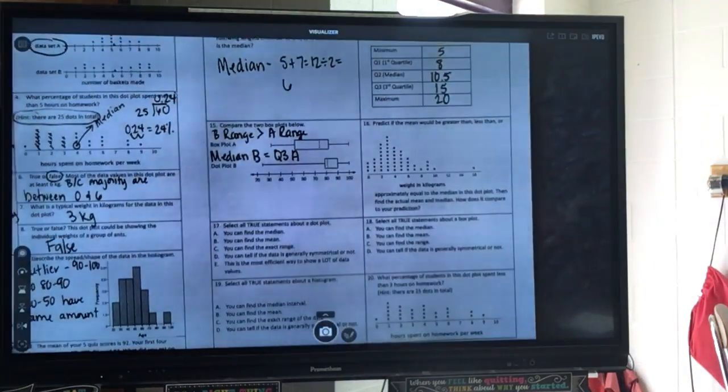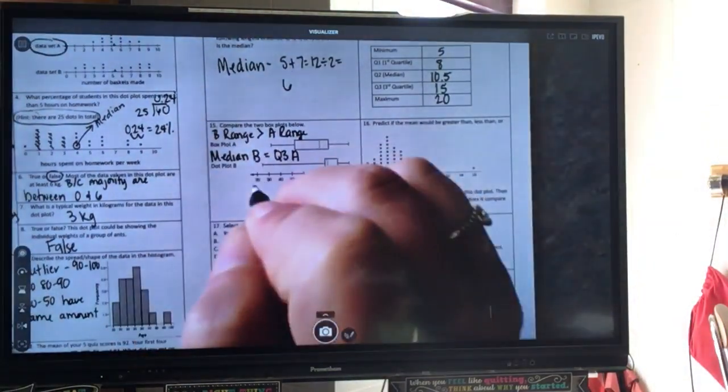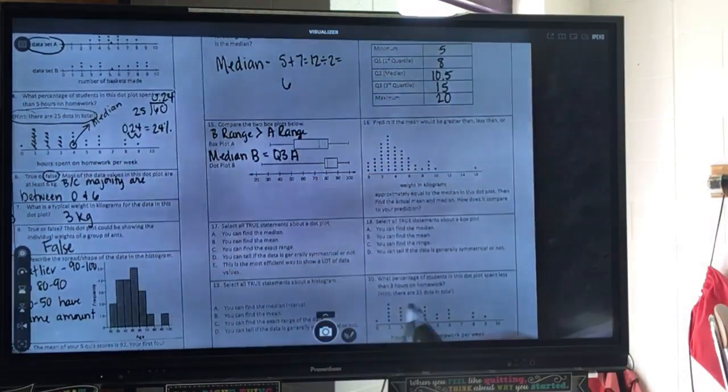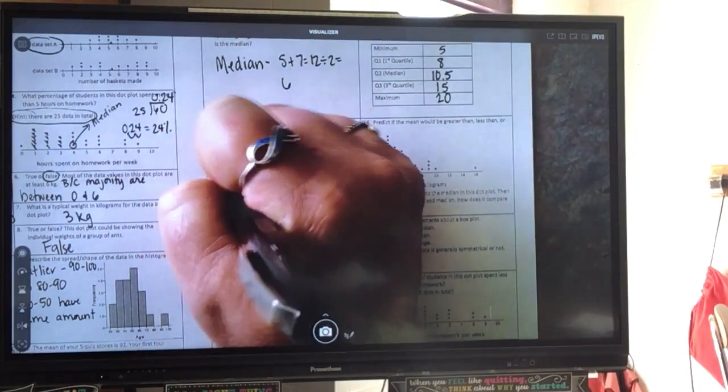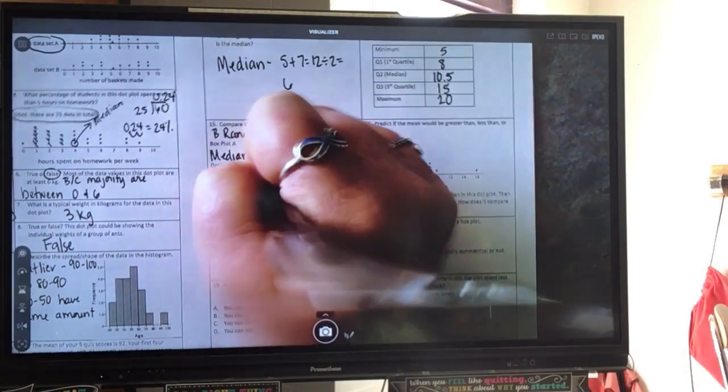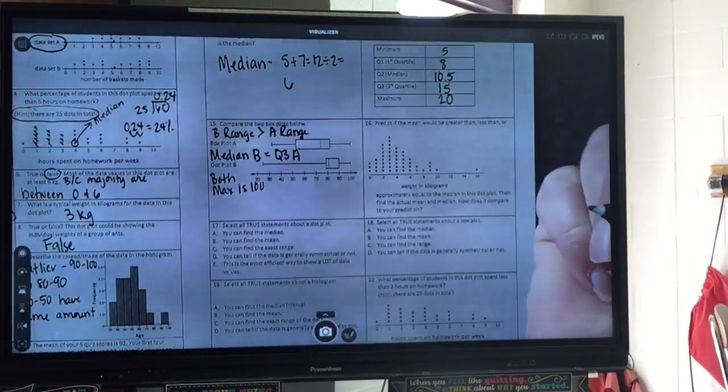What else? Emma. Both maximums are 100. Both what? Maximums. Okay. Alright, what else? Kylie, what else?